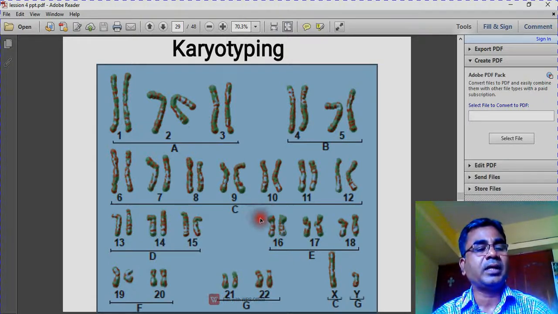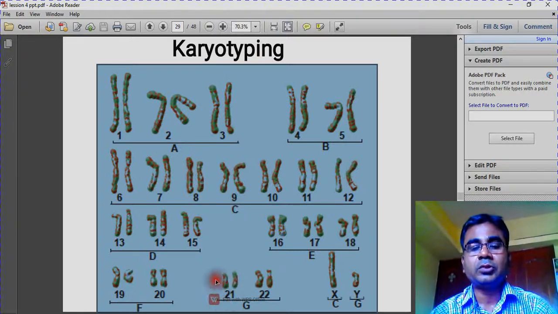And then chromosomal abnormalities like aneuploidies. For example, this is the karyotyping of one individual. This is the 21st pair. In some cases, chromosome 21 will be in a triploid condition.